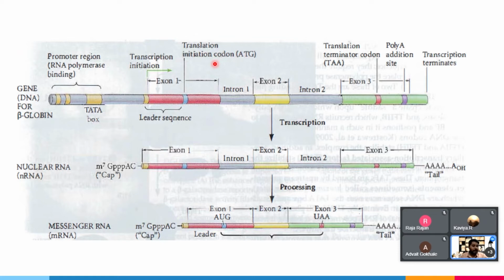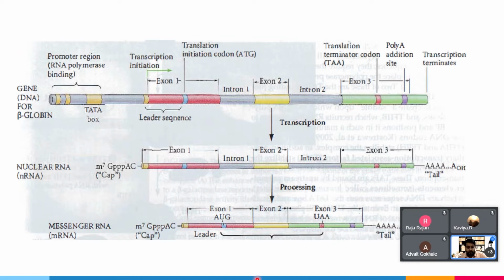So you can relate back if particular questions are asked, like, is the translational termination codon part of the mRNA, or is it part of the genome, or is it part of an exon or an intron? This is something that you must be able to answer. Obviously, the translational termination codon is something that the mRNA has. Otherwise, the mRNA won't know when the translation has to stop, and thus it must be a part of the exon.